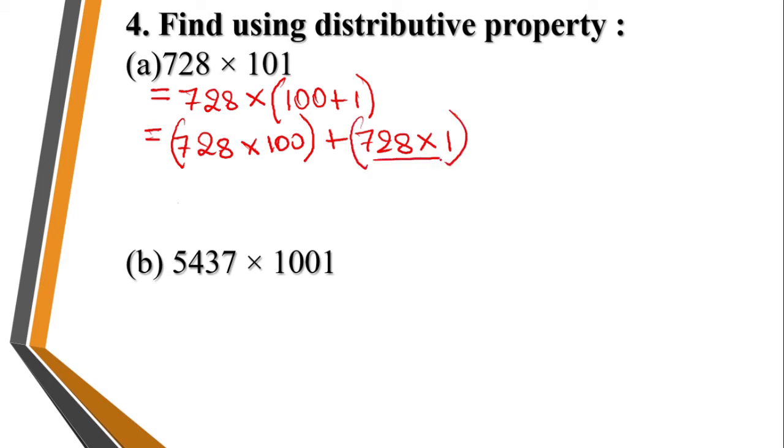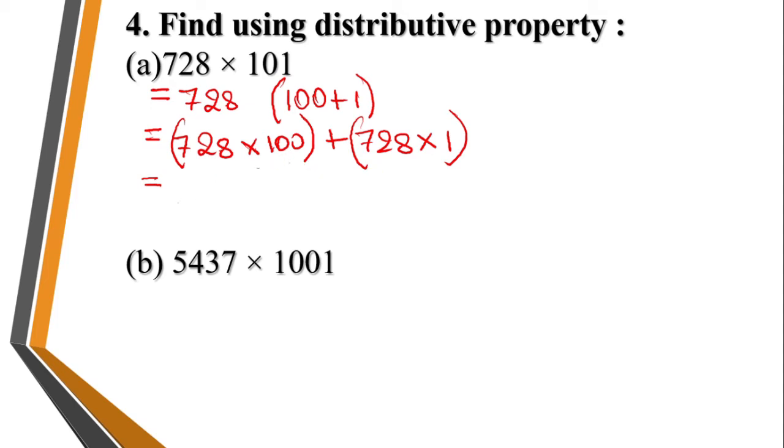First we will do these products and then we will add them. Multiplying it with 101 is difficult, but multiplying it with 100 is easy and multiplying it with 1 will give the number itself, which is 728. So it's easier than multiplying it with 101. So let's start with this problem.